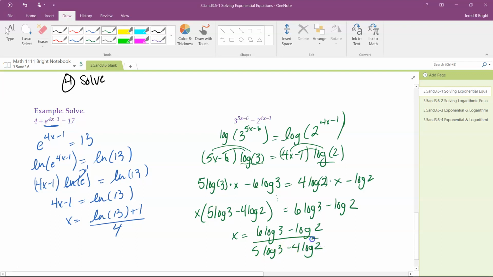Now I will add a little asterisk and say that I got a little sloppy with my notation, like I should have all these 3's and 2's in parentheses, but this is the answer.